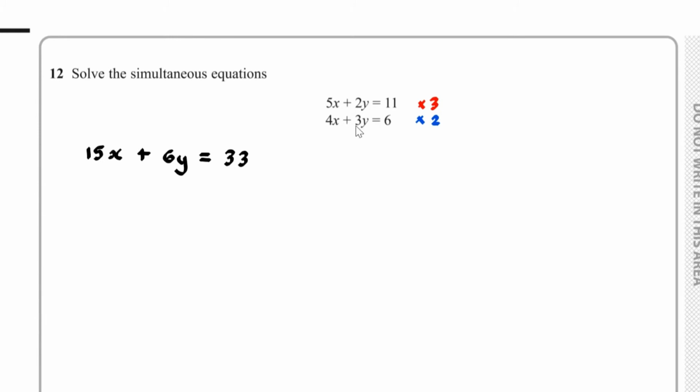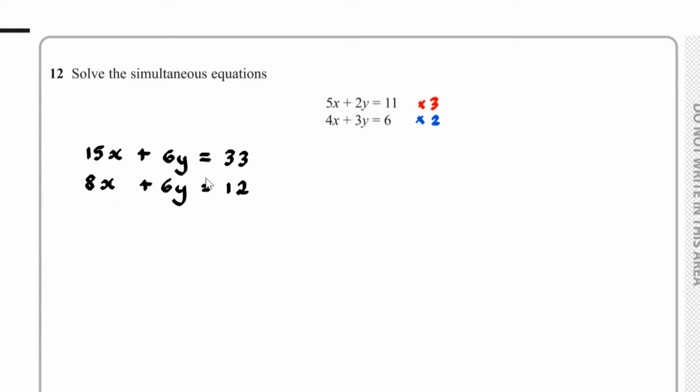33. 4x times 2 is 8x. 3y times 2 is 6y. 6 times 2 is 12.